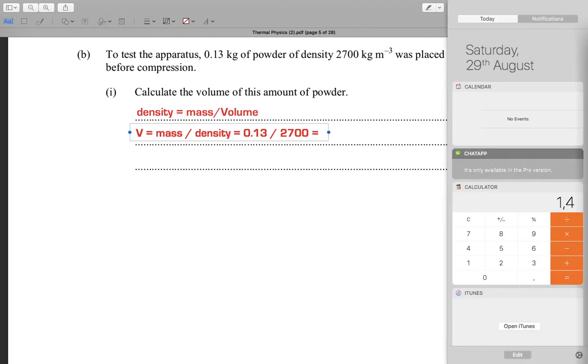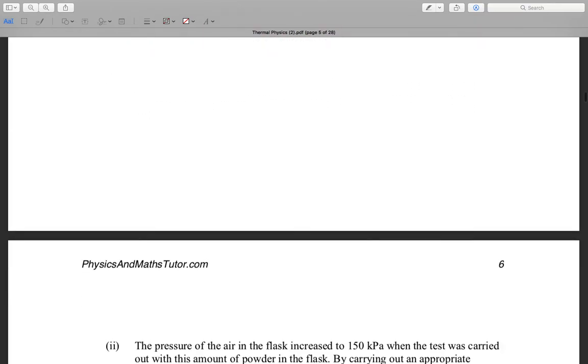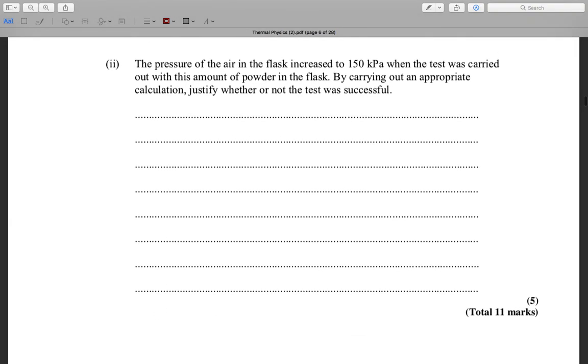So, yes, around 4.8 times 10 power minus 5 meter cubed. Yes, this is the volume of the powder. Question II.